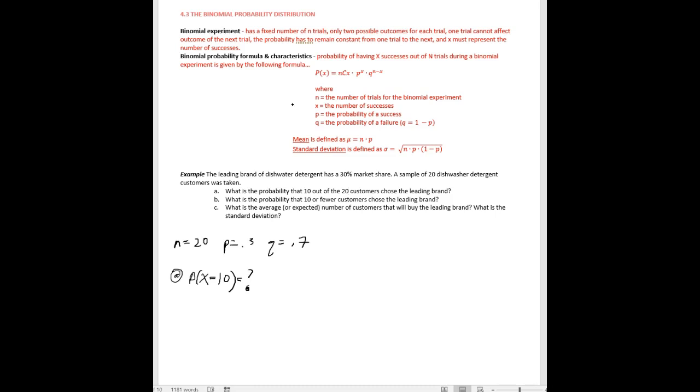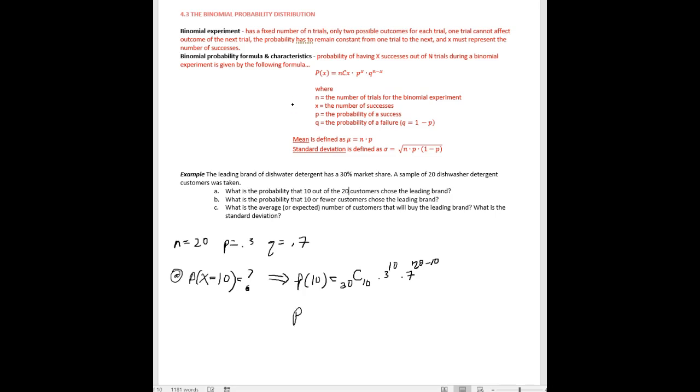But we have a formula for that, right? And that formula is n choose X times P to the X times Q to the n minus X. So I'm just going to put a little implies symbol, and then this implies that P of 10 is equal to 20 choose 10 times 0.3, I meant raised to the power 10 when I said choose 10, times 0.7, the failures, the Q, to the 20 minus 10.